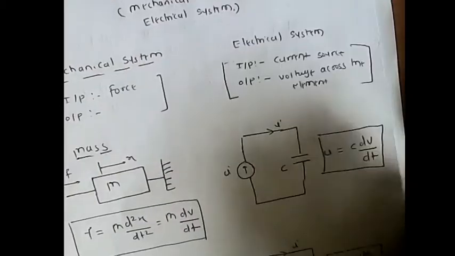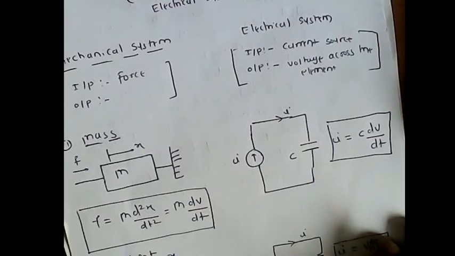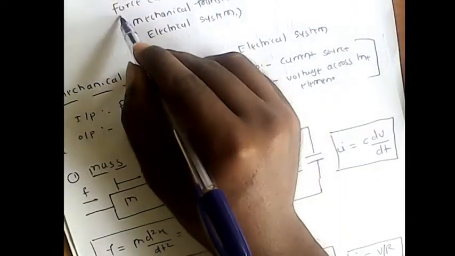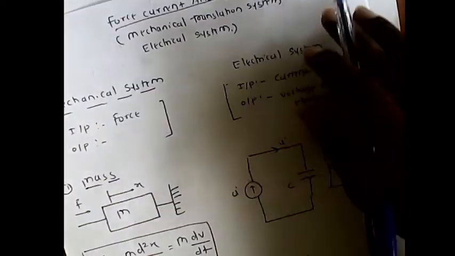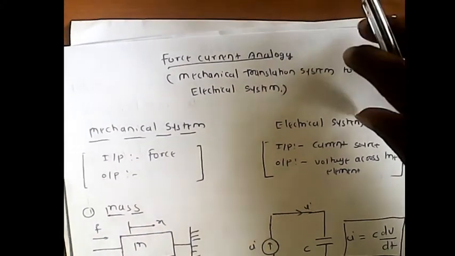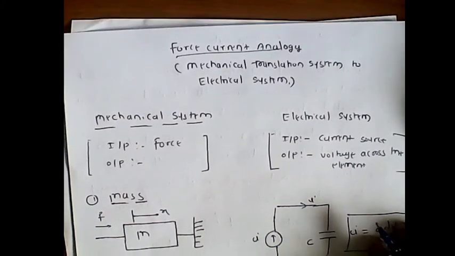So again we go into the second method. We can see the second method, which is basically the force current analogy, which is the second method to convert a translation mechanical system into an electrical system.